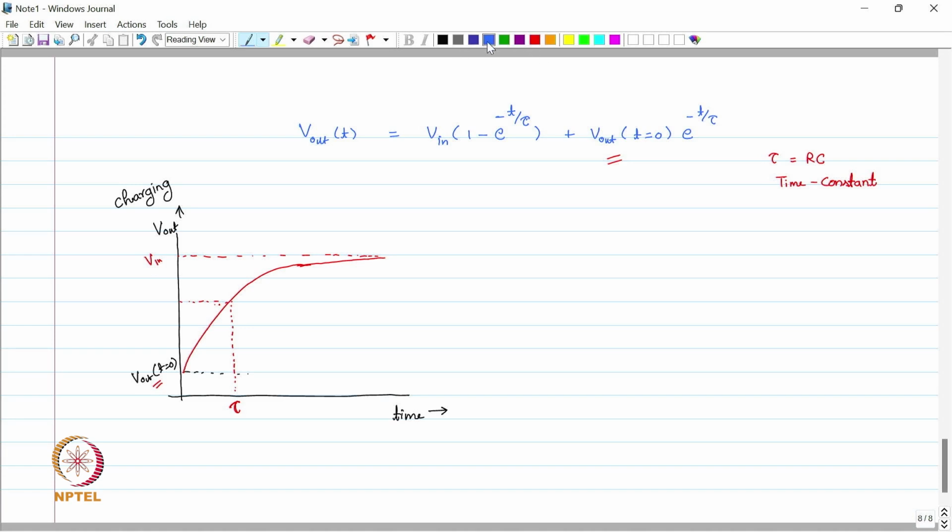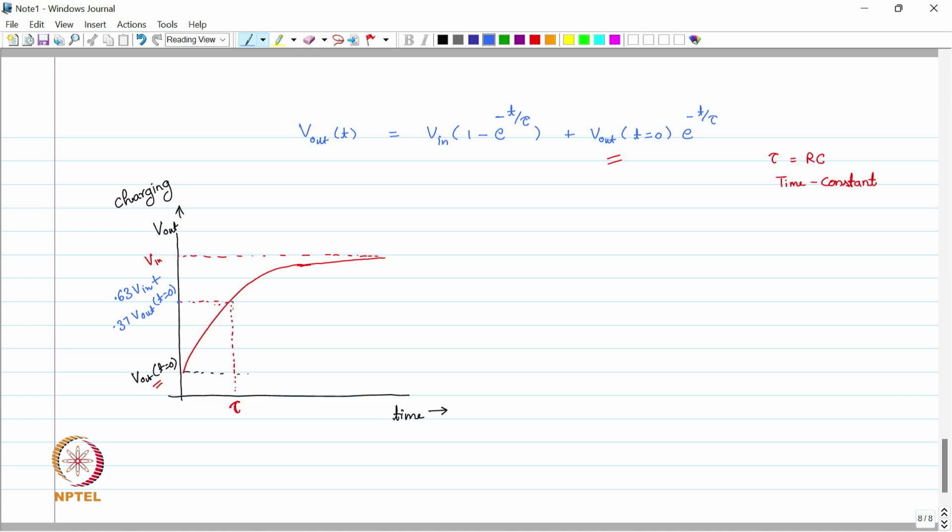We can write this value as 0.63 times V in plus 0.37 times V out at t equal to 0.